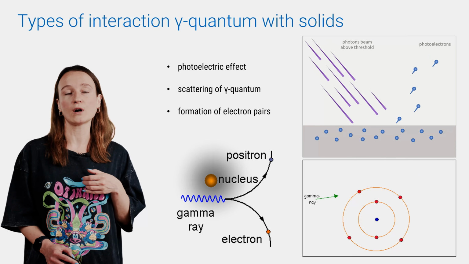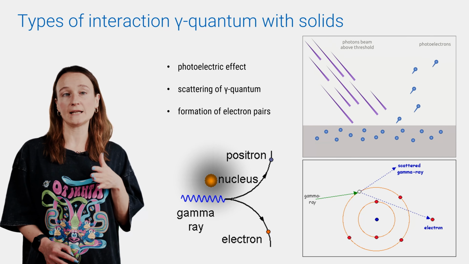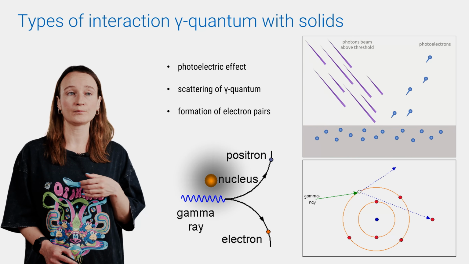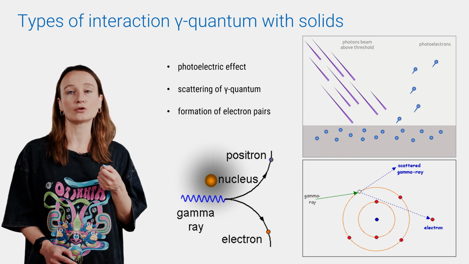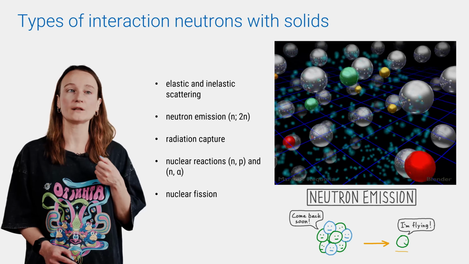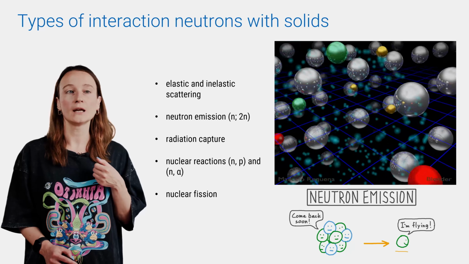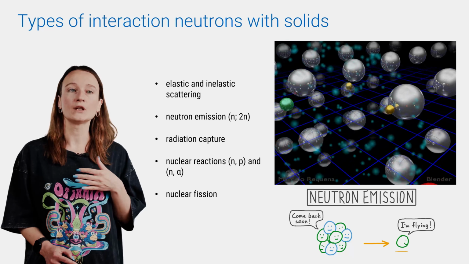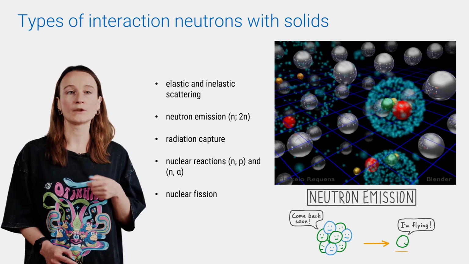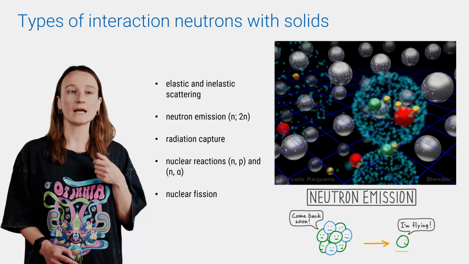Interaction of gamma quanta with matter: photoelectric effect, scattering of gamma quanta, formation of electron pairs. Interaction of neutrons with matter: elastic scattering, inelastic scattering, neutron emission, radiation capture, nuclear reactions, and nuclear fission.